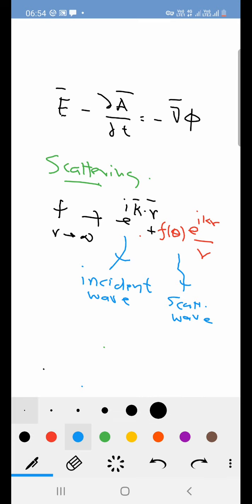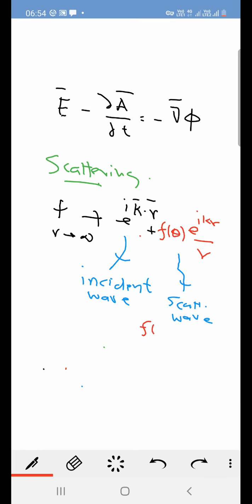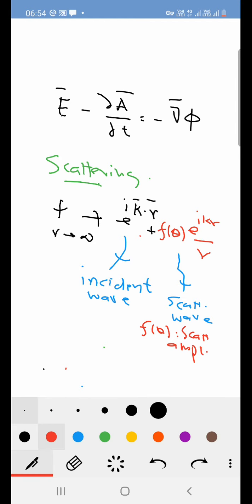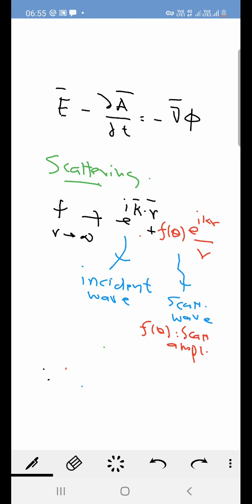And f theta is the scattering amplitude. It defines how much scattering has taken place. So from the scattering amplitude, we can actually find out the scattering cross section.